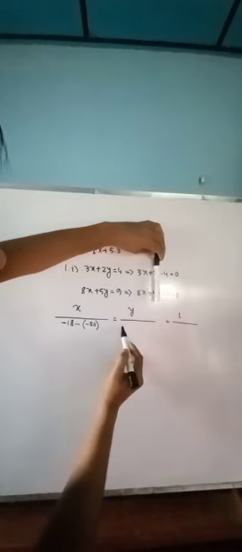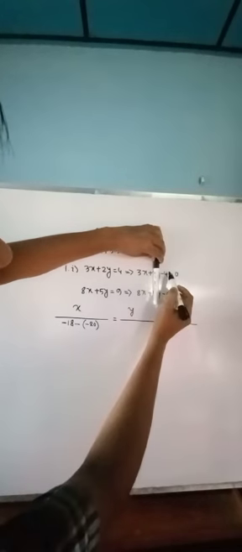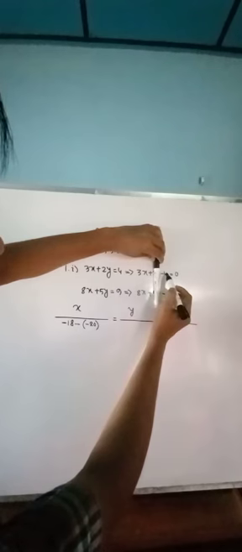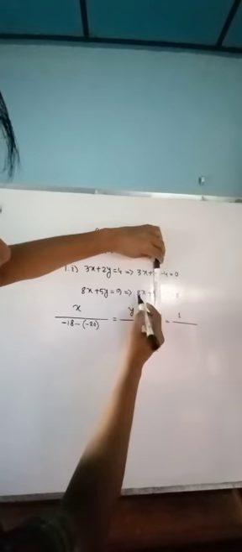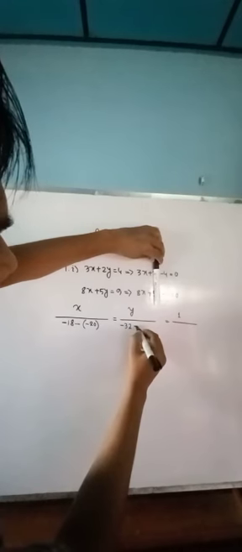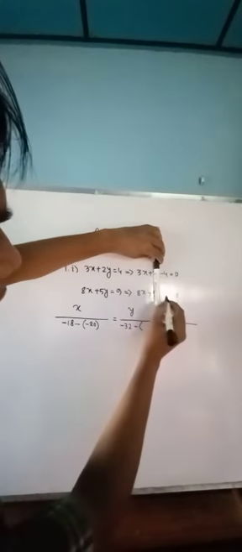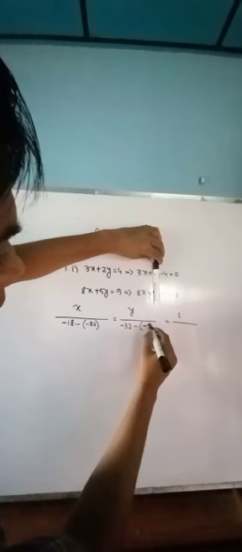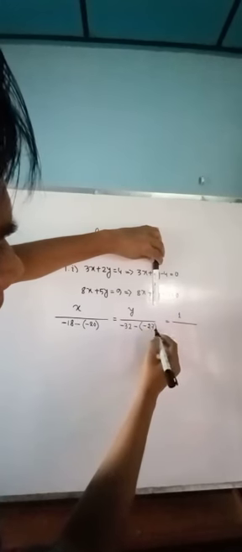Now y. Close the y. Start from the next upper side. Minus 4 into 8, that is minus 32. Always put the minus sign here. 3 into 9, minus 9 of course, 27. Clear?